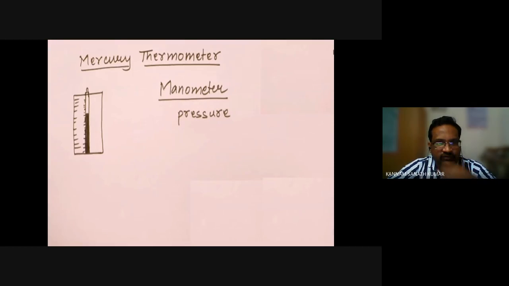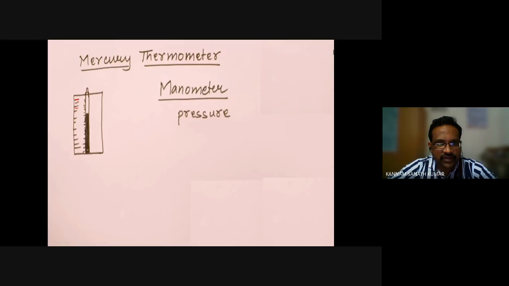Consider the mercury thermometer, which is a type of transducer. The input for the mercury thermometer is temperature. Inside there is mercury, and depending on the temperature, there are readings like 0 degrees, 25 degrees, 50 degrees, 100 degrees Celsius.